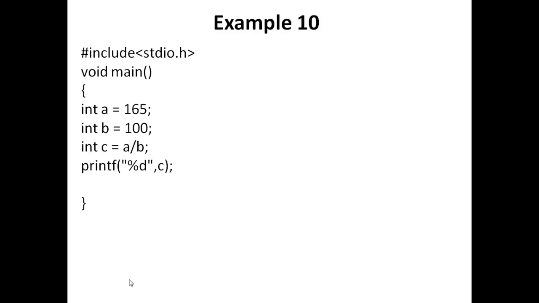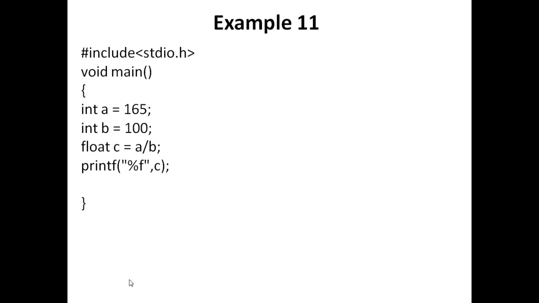Next, all the variables are of type integer, so you will be getting the output as 1. And in the next example, we are going to give a float variable C, so we will be getting the output in the form of float.